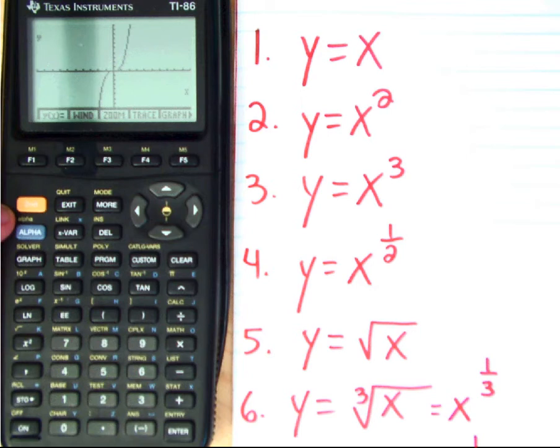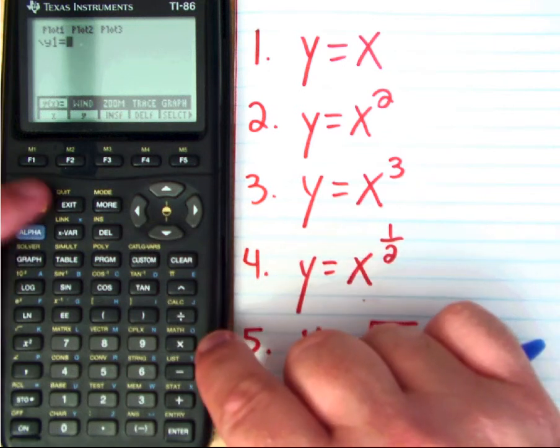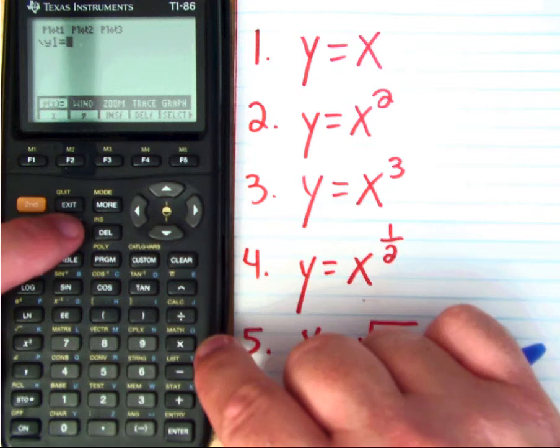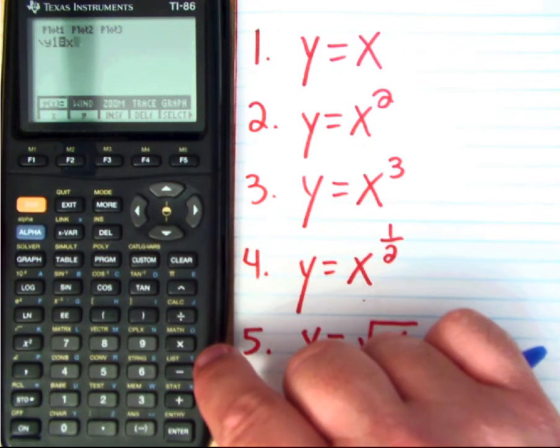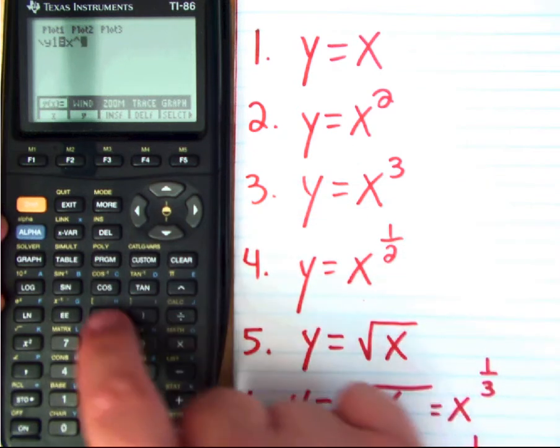Now y is equal to x to the 1/2. Anytime you got more than a single number or a single variable in your exponent, you need to put parentheses around it. So let me push F1 to access the y of x. Now press clear to clear whatever's in that line. I'm going to press this right here, but I could also see there's an x var here. If you push that, that does the x key too. Then caret, and then we have to put parentheses.